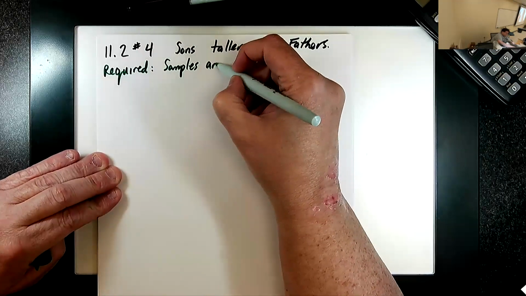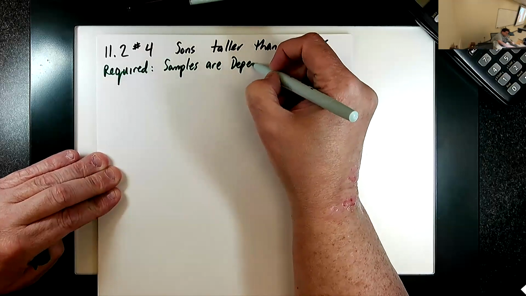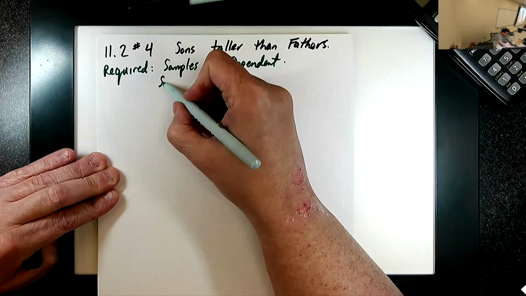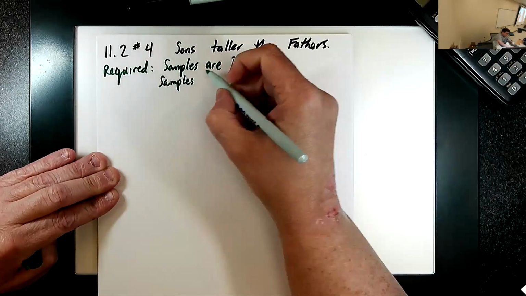We put this on the other page, but since it's part of the question here, I'm going to put it down here. Samples are dependent. Samples are no more than 5% of the population.